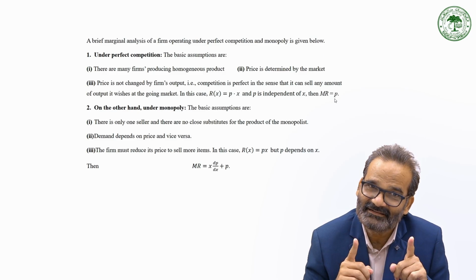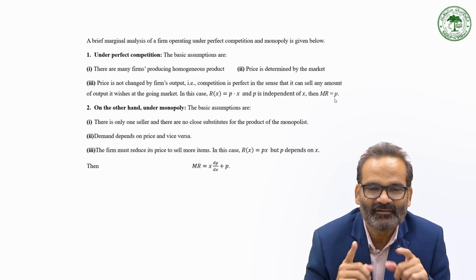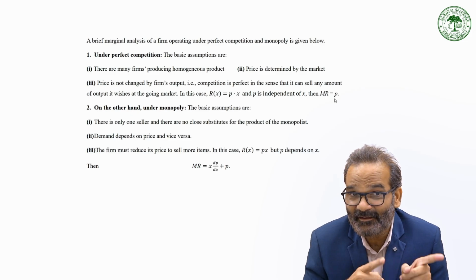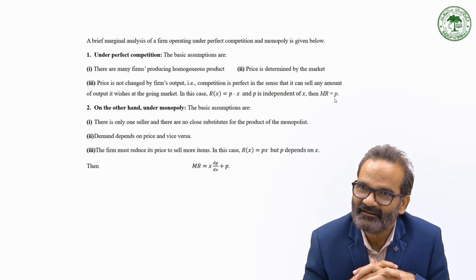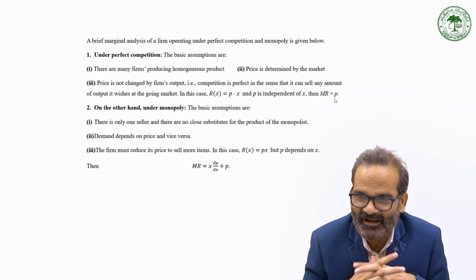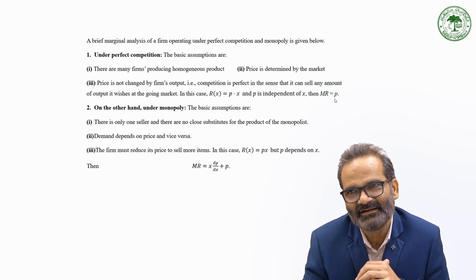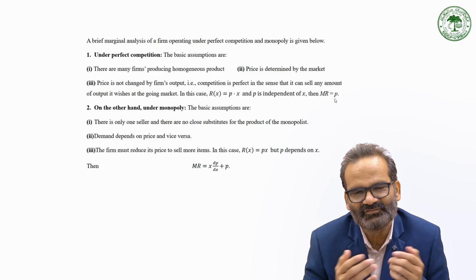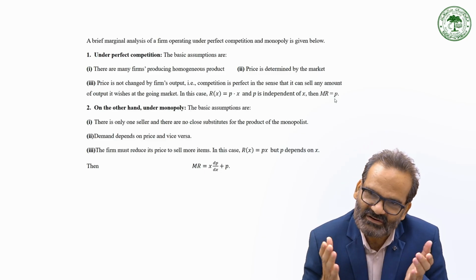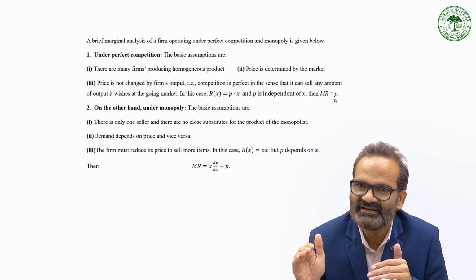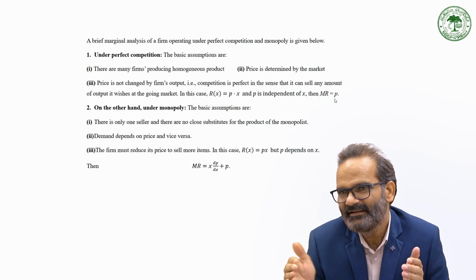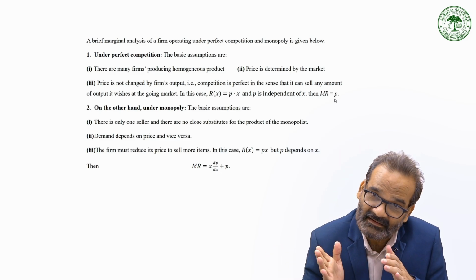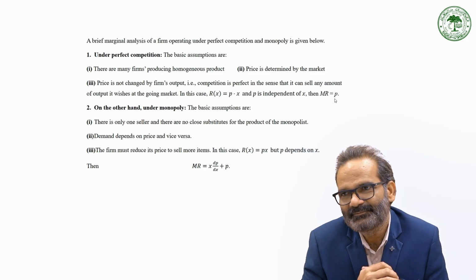Then the prices of the commodity are not decided by the market. Rather, they are decided by the producer. And naturally, if the prices are decided by the producer, then it is the producer's simple choice how much price he or she will decide. And naturally, he or she will decide the price so that the profit is maximum.